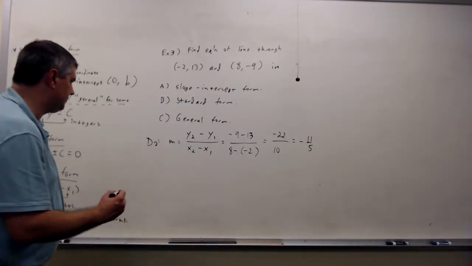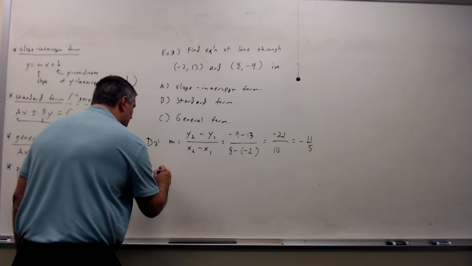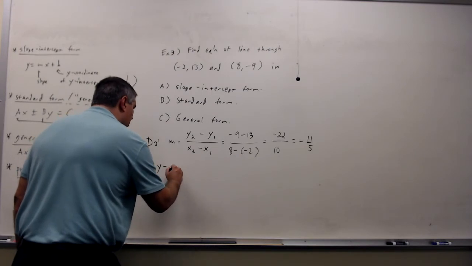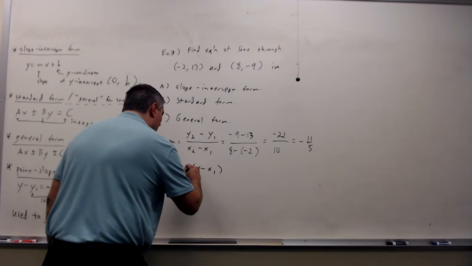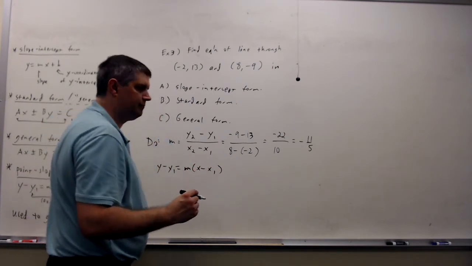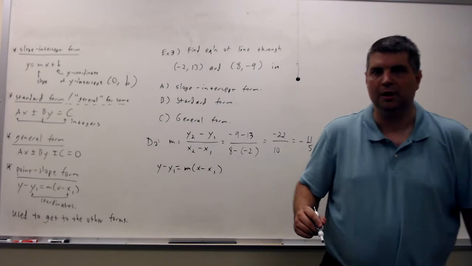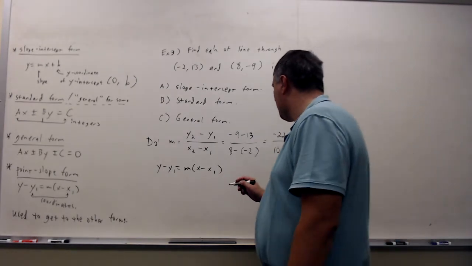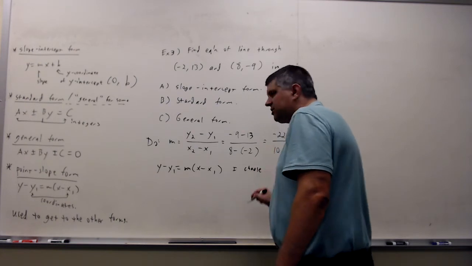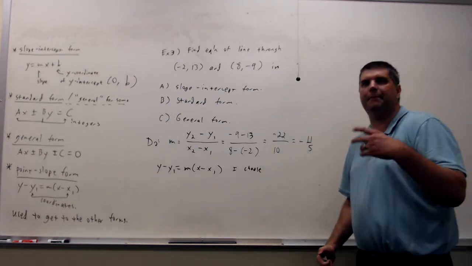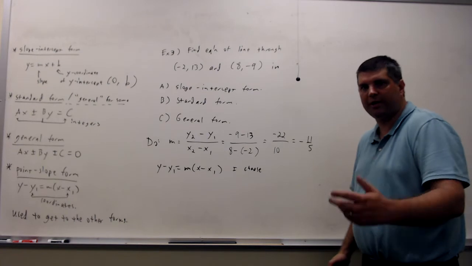All right. So y minus y sub 1 equals m times x minus x sub 1. So I choose. Now remember, we saw from the previous example it doesn't empirically matter which point you use.